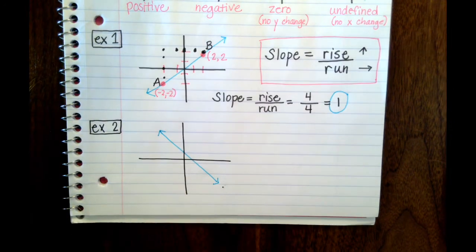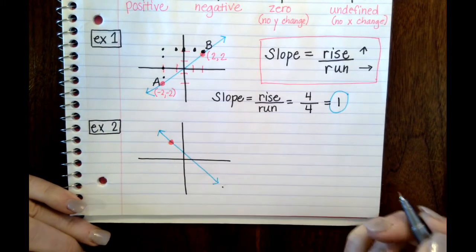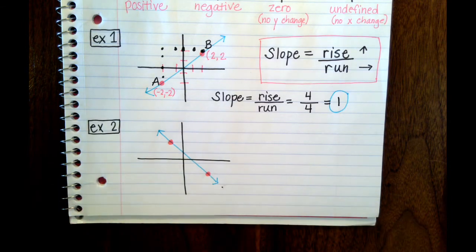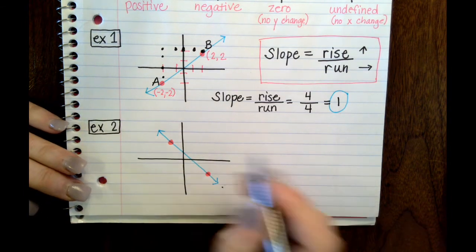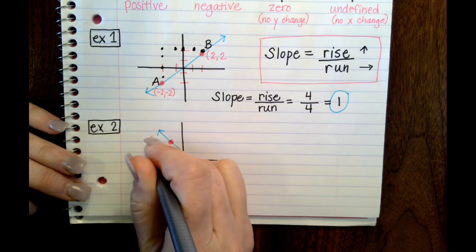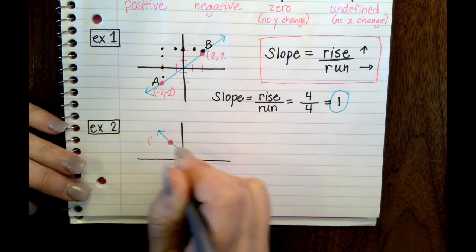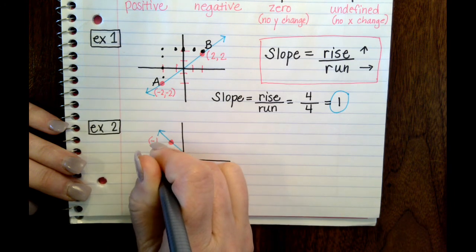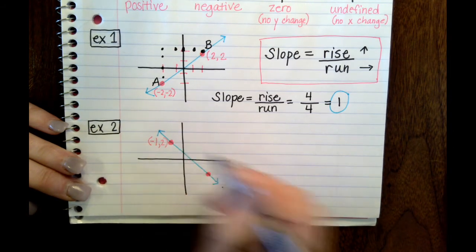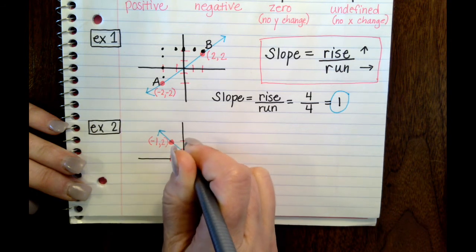And this time, let's talk about this point as point A and this point as point B. And this time, so this point, let's call this guy, that is at -1 and +2, meaning it went over 1 and then up 2.